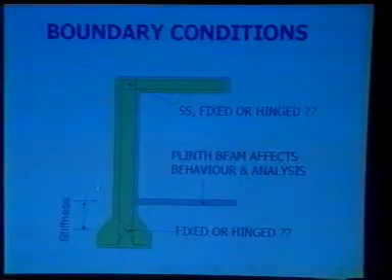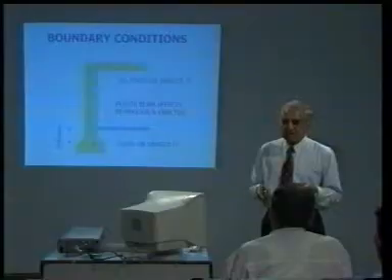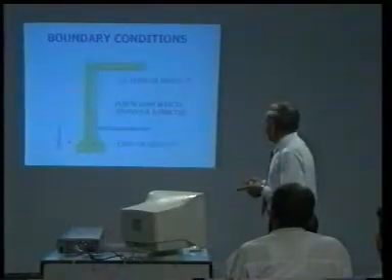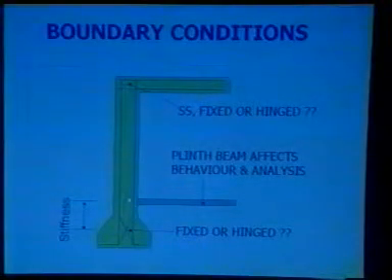Then you have a very commonly observed problem of providing a plinth beam which is not originally catered for in the design. Now, this plinth beam imposes a lot of load over here, and this reduces the stiffness, rather modifies the stiffness of this part as well as this part.